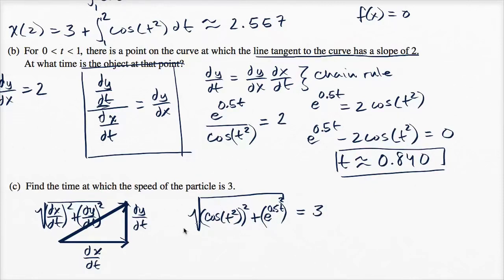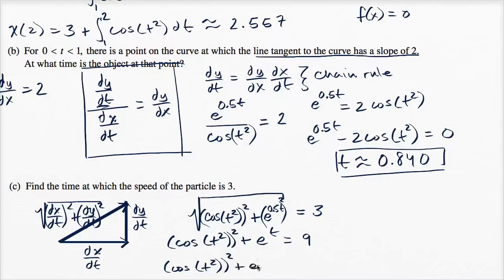We could square both sides, and you would get cosine of t squared, squared, plus e to the 0.5 t, squared. Well, 2 times 0.5 is just 1. So this is the same thing as e to the t, is equal to 9. And now we can subtract 9 from both sides, and we get cosine of t squared, I could have written cosine squared of t squared, but this makes it a little bit clearer, I think, plus e to the t minus 9 is equal to 0.